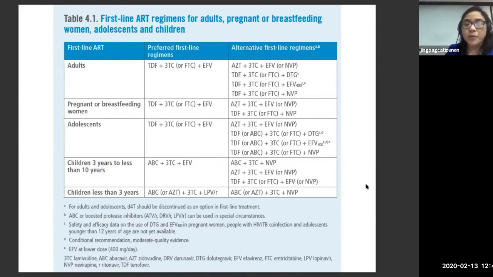So it's very important, especially for pregnant women who are going to deliver the baby and the mother is HIV positive, that we recommend a pediatric consult a few weeks before the expected delivery, so that we can explain what to give to the child, and also the infant feeding and the testing.